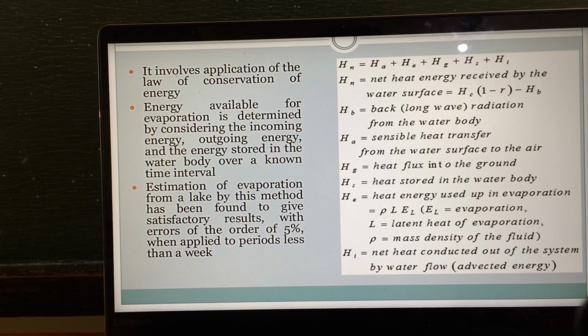H sub A is equal to sensible heat transfer from the water surface to the air. H sub G is equal to heat flux into the ground. H sub S stands for heat stored in the water body.